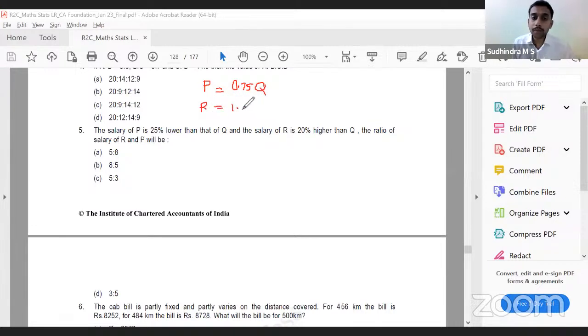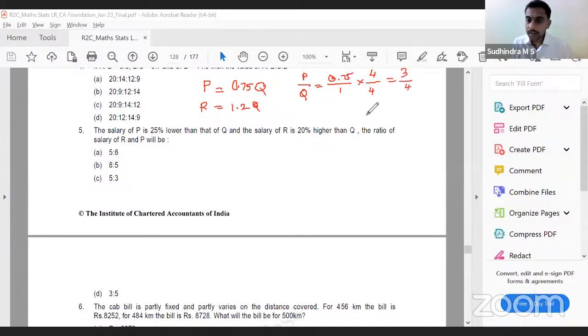So R is 1.2 times Q. So first we find out P by Q. What is P by Q? P to Q ratio is 0.75 divided by 1. Multiply this by 4 divided by 4. You get 3 by 4.